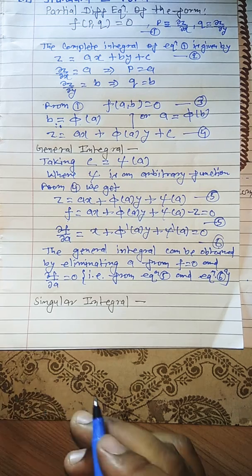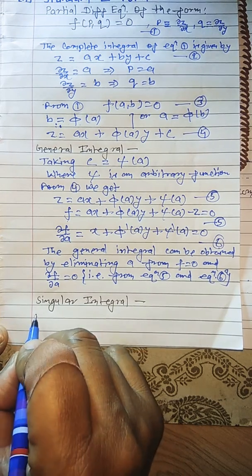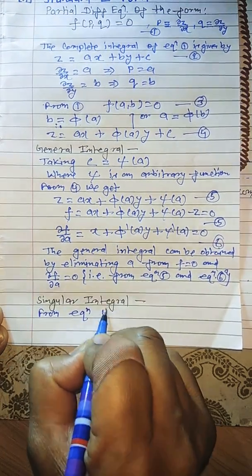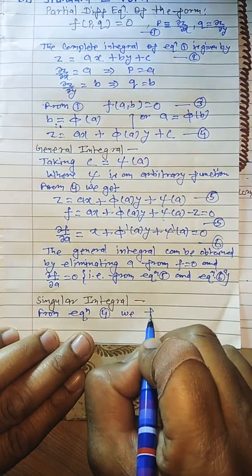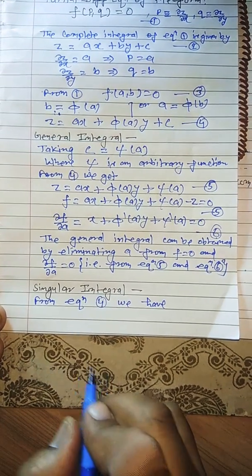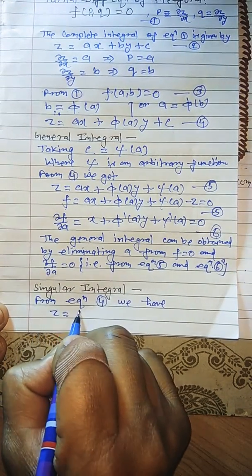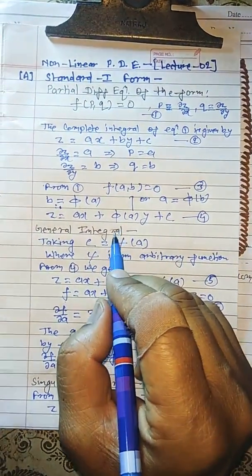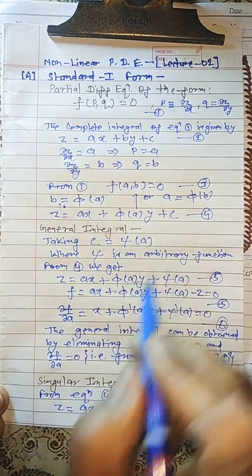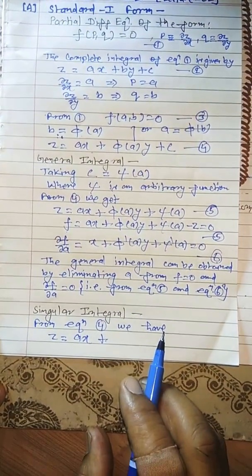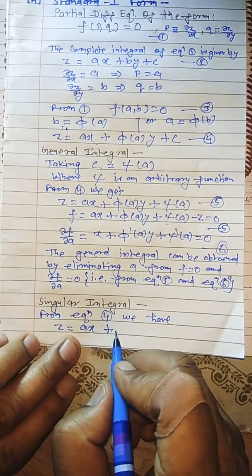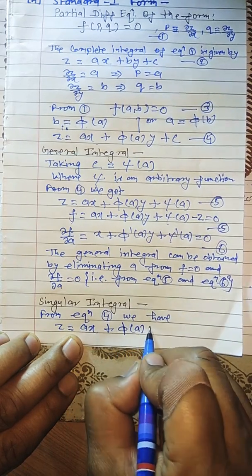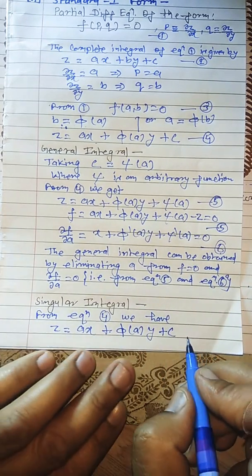Now from equation 4, we have z = ax + phi(a)y + c, that is, z = ax + phi(a)y + c.